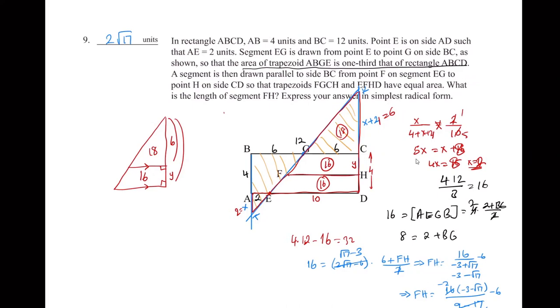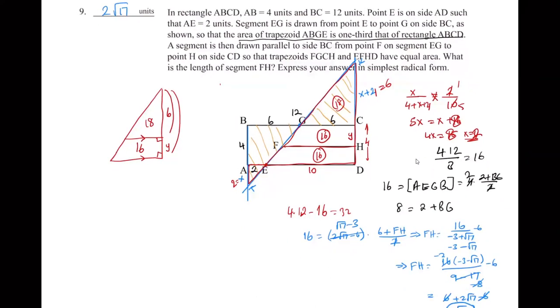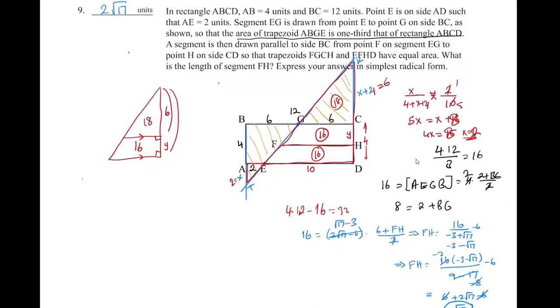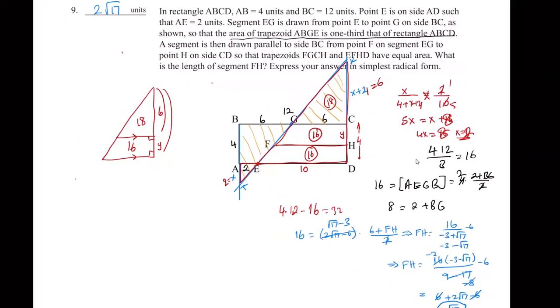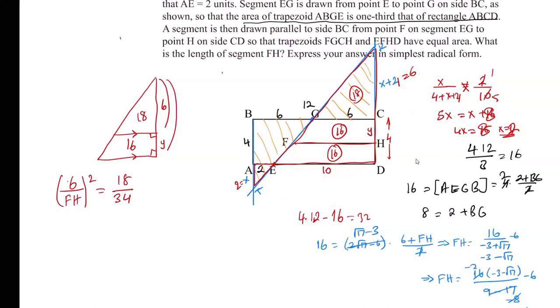So the ratio would be this. GC is 6 units, so I can just write 6 over FH. This is the ratio of the similarity. If you square this, you get the area ratio, which is equal to 18 over 34.